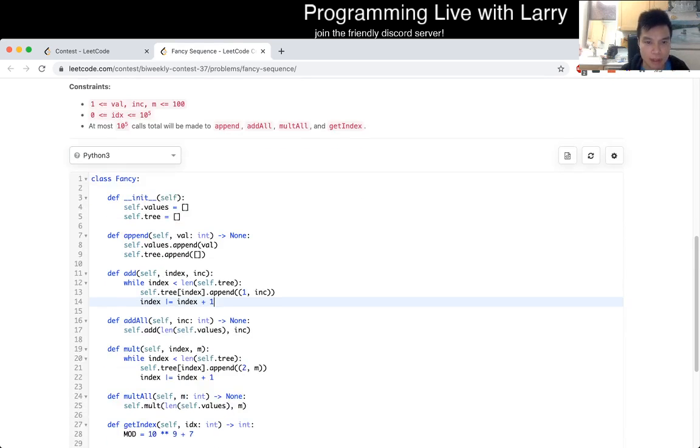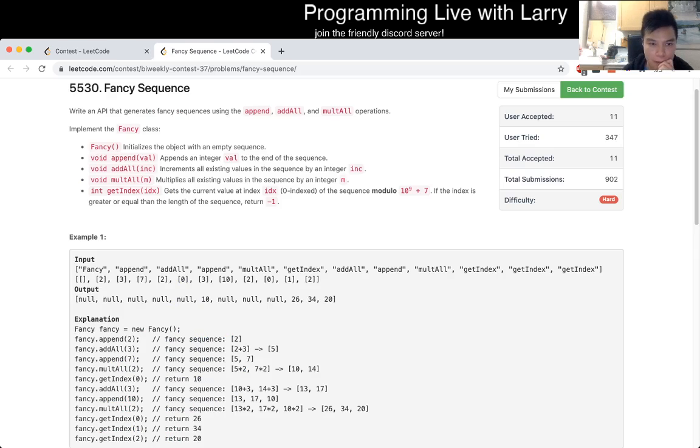This isn't even right. Okay, how do we remember to return -1?